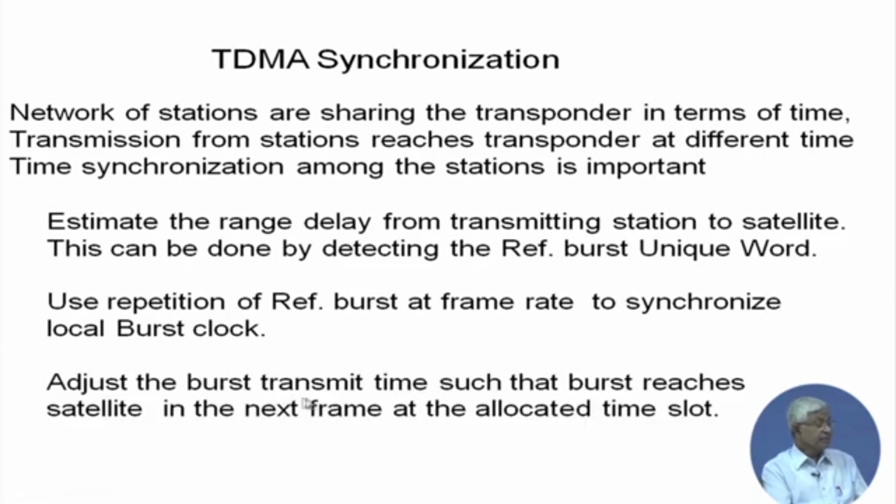Now, to adjust the burst transmit time, this burst must reach the satellite in the next frame at the allotted time slot. So, first you have to detect where the reference unique word burst is, and based on that you have to transmit, and you should know the range. But the reception of your unique word burst or the reference burst may not be the same as the allotted burst time.